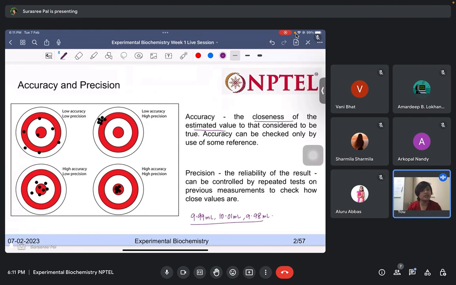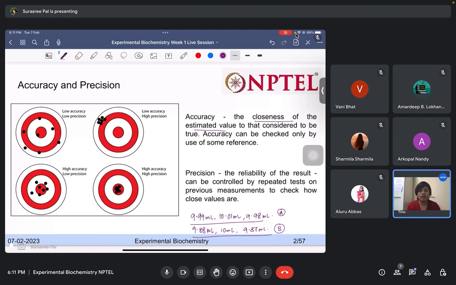And suppose your friend is also measuring the same volume of the same liquid, and gets these values: 9.88 ml, 10 ml, 9.87 ml. This is the measurement done by A, and this is the measurement done by B. Now, precision is the reliability of the result.